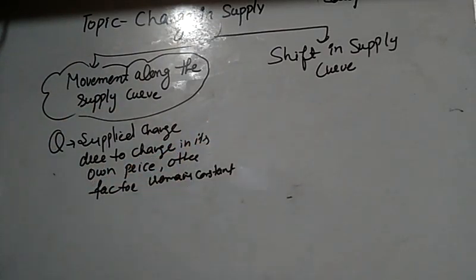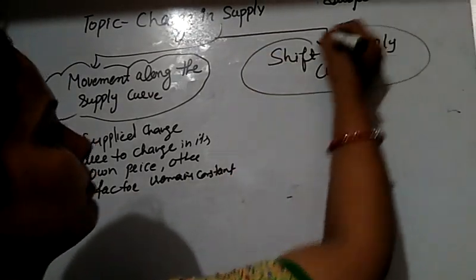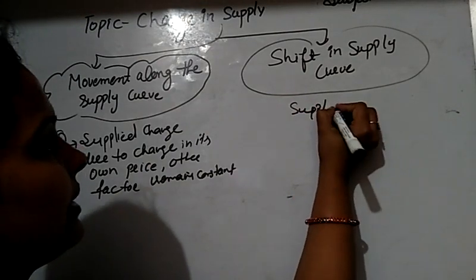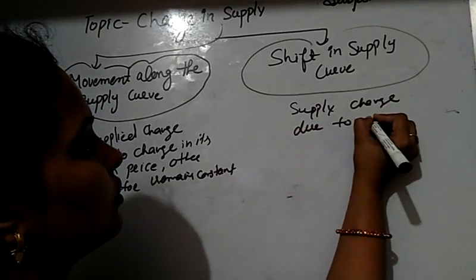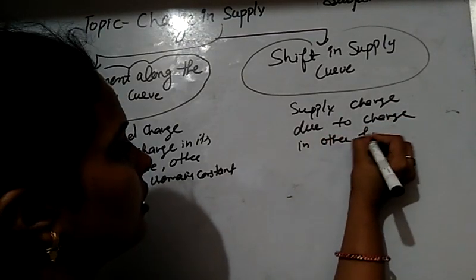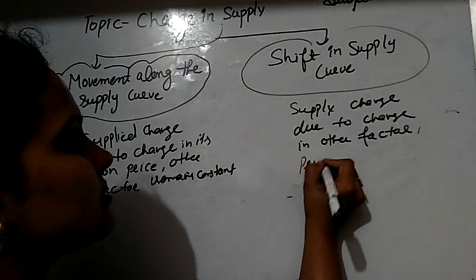Next is shift in supply curve. When supply of a commodity changes due to change in any of the other factors affecting it, the supply curve shifts. At this time price is constant.